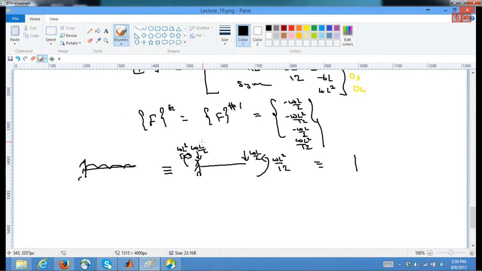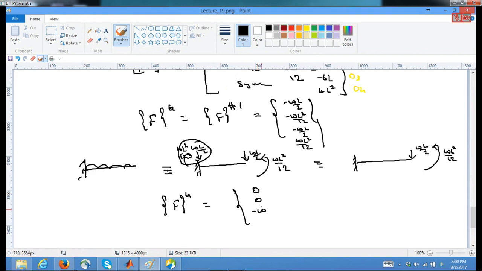I'm not considering these two here because they are already applied on the support. So the reaction forces obtained from this have to be incremented by the same equal and opposite values. That's the reason I will only solve for the problem with WL by 2 and WL square by 12. So the F global I would be solving for is 0, 0, minus WL by 2 and WL square by 12.